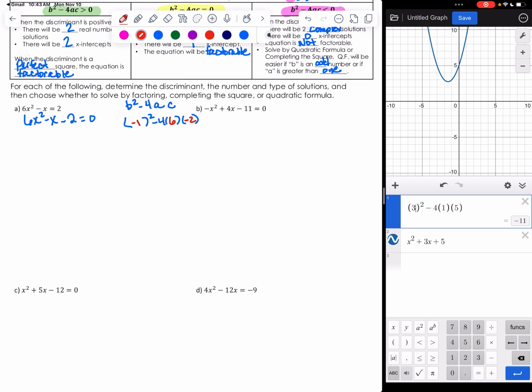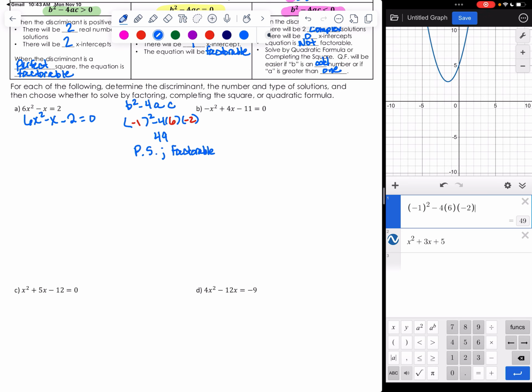So let me just change these numbers I already have in here. -1, a in this problem is 6, and c in this problem is -2. So I'm getting a discriminant of 49, which is a perfect square, which means it is factorable. We can solve it by factoring.